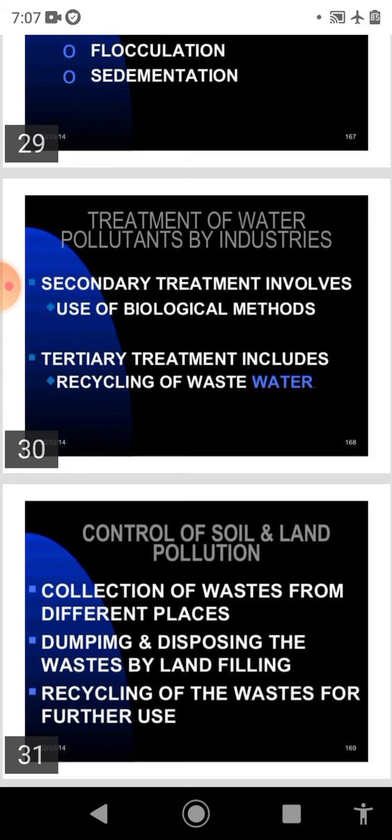Particulate matter in the air can be reduced by fitting smokestacks to factories with electrostatic precipitators, fabric filters, scrubbers, and inertial separators. Smoke can be reduced by using oil and gas instead of coal in factories. With regard to noise pollution, it can be controlled by using better designed equipment.